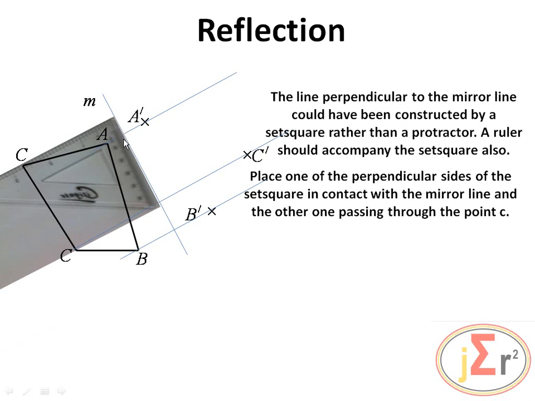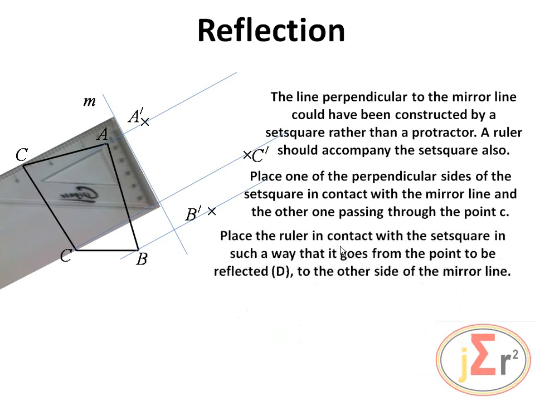One of the sides that make up the 90 degrees angle is placed right in contact with the mirror line, and the other 90-degree side passes through the point C.